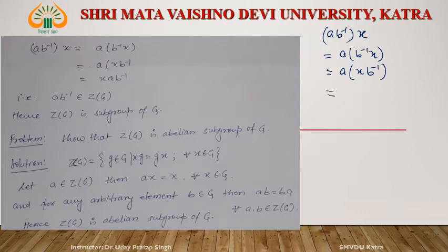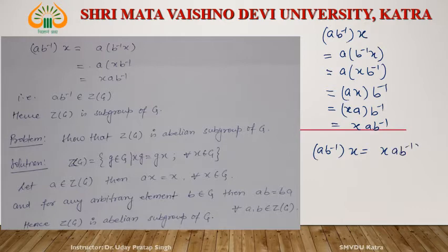And this can be written, again applying associativity, as (ax) b inverse. Then ax by equation number 1 is xa, so this is x a b inverse. Finally, we obtain ab inverse x equal to x ab inverse. It means ab inverse commutes with all x, and this relation is true for all x belonging to G. It means ab inverse is an element of Z(G).